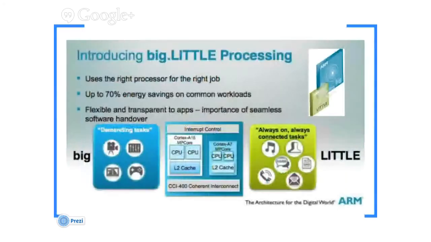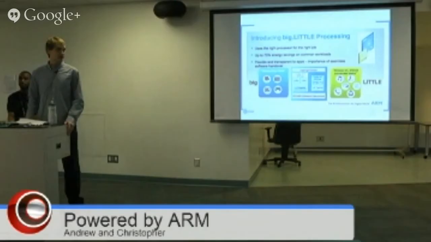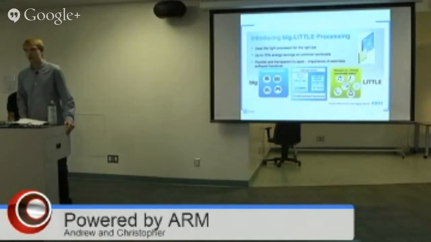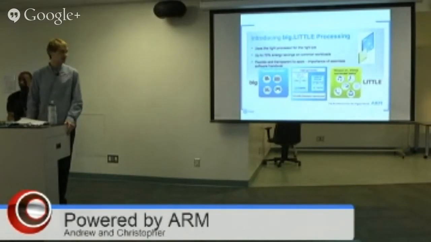Okay, so these processors can be set up in a big.LITTLE configuration, which allows for the maximum CPU performance as well as the most power efficient CPU, or anywhere in between depending on how much performance is required. ARM's big.LITTLE configuration combines the most powerful CPU and the most power efficient CPU.